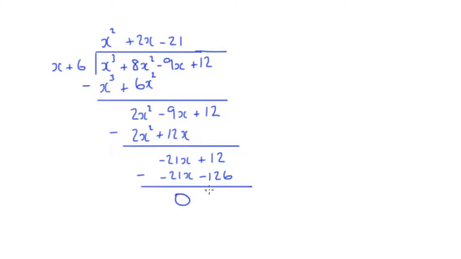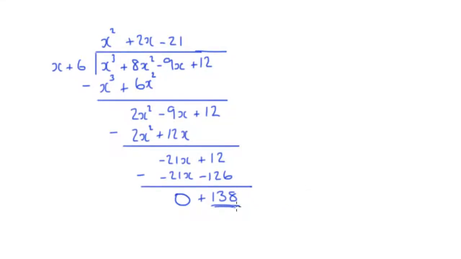That's going to be 0 there. 12 minus 126 is positive 138. Okay, a couple of you messed up there. You did a 12 take away 126, or negative 12. There was something crazy going on there. So that's the procedure finished.